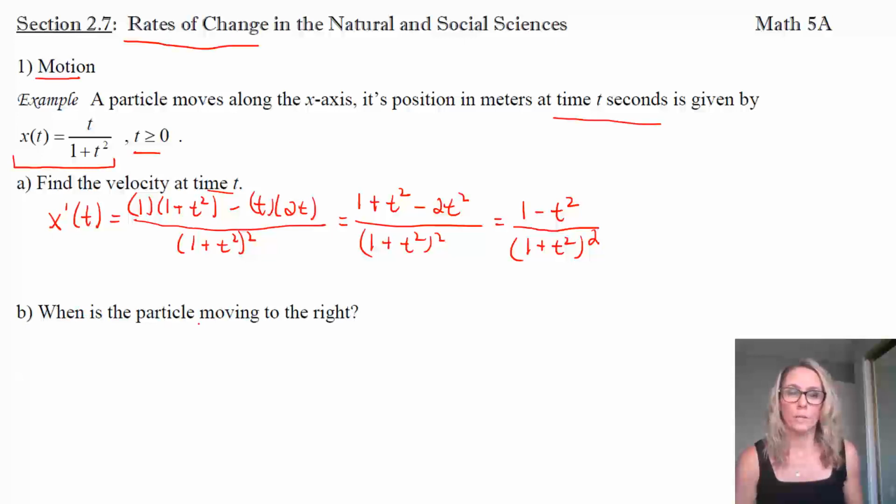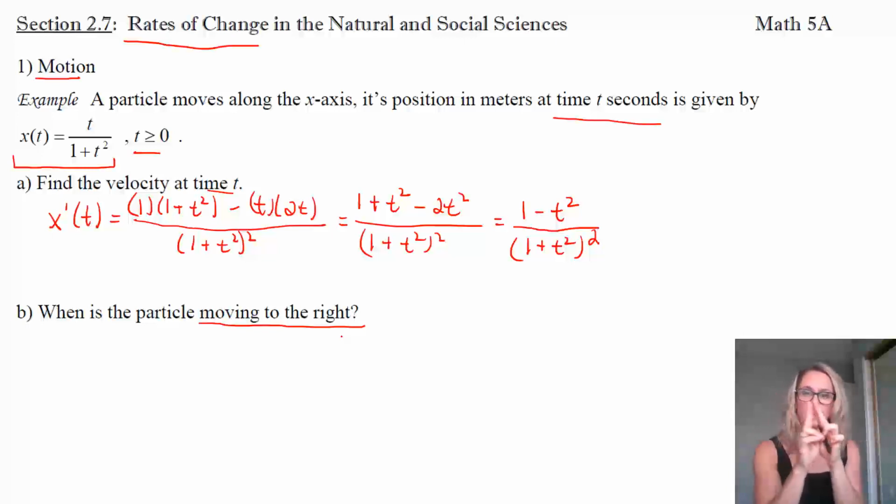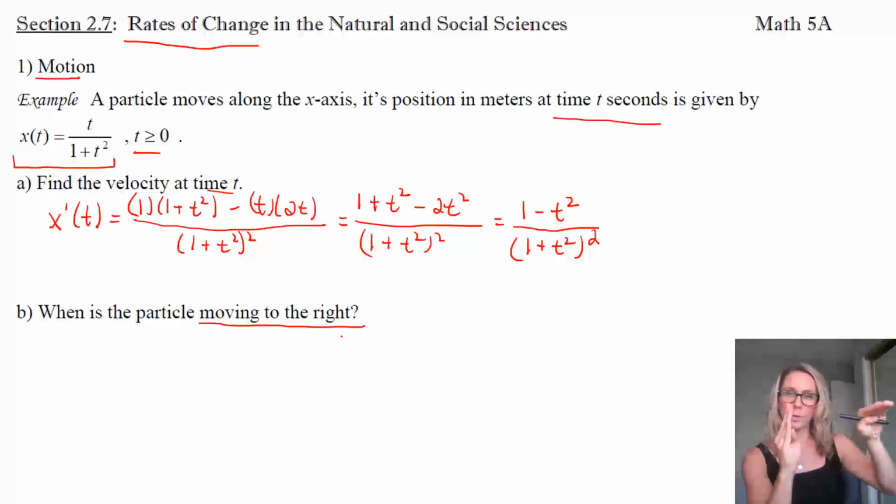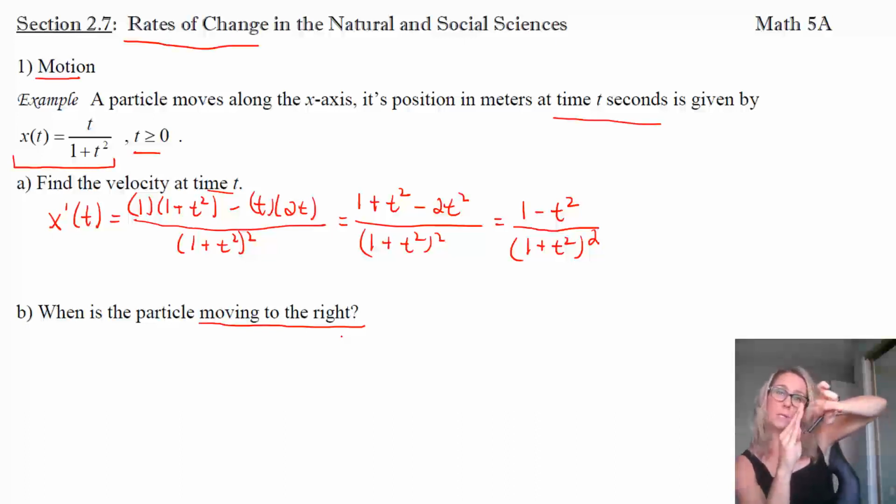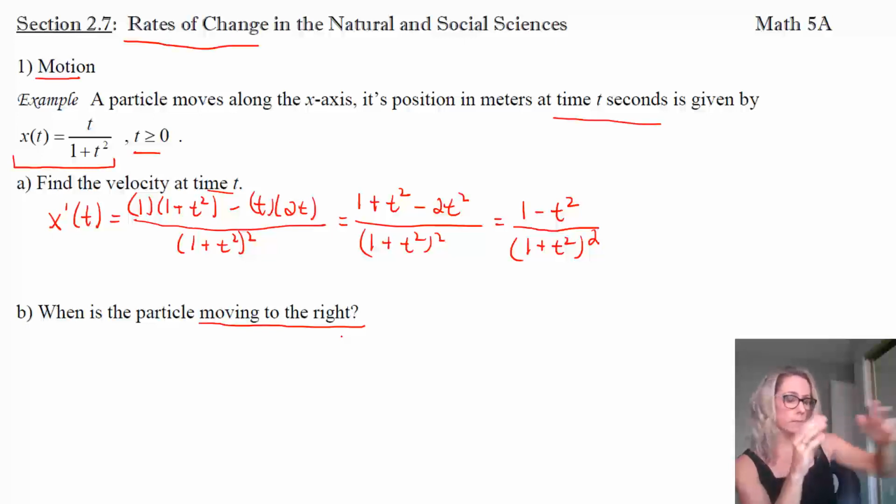Then we get the question, when is the particle moving to the right? Like I said, if it's going along the x-axis, it could be going this way, it could be going this way. What you should understand is that moving to the right is the positive direction along the x-axis.